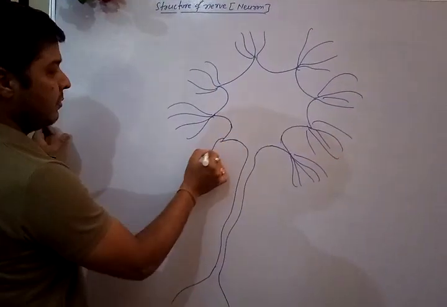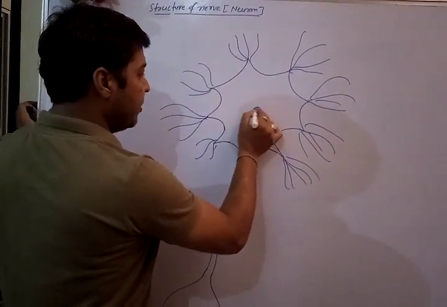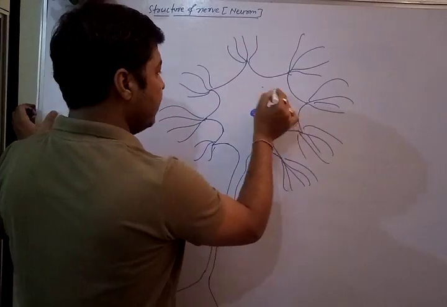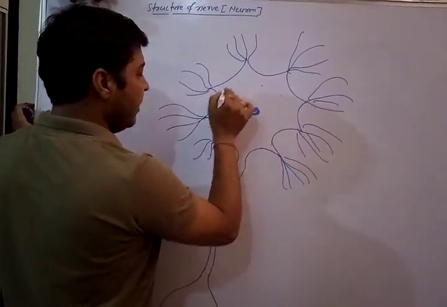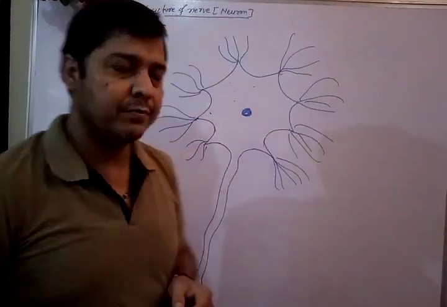See children, here is the big nucleus. This is the cytoplasm. The cytoplasm in the case of the nerve cell is called neuroplasm.